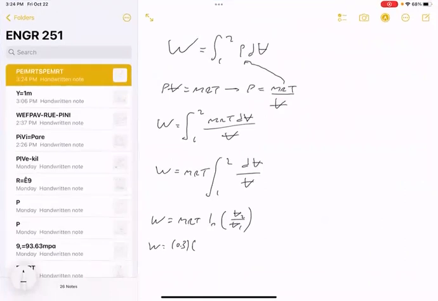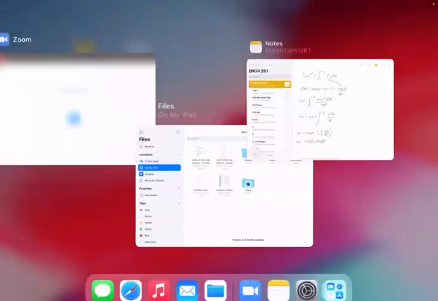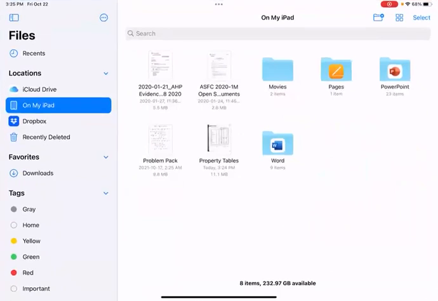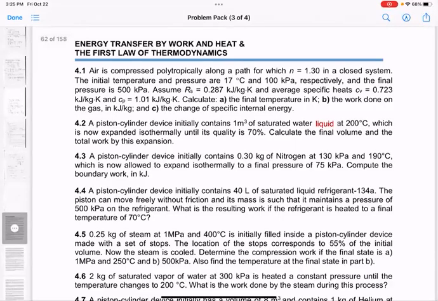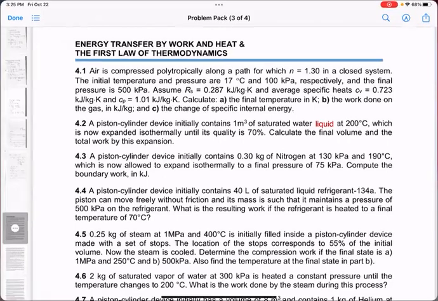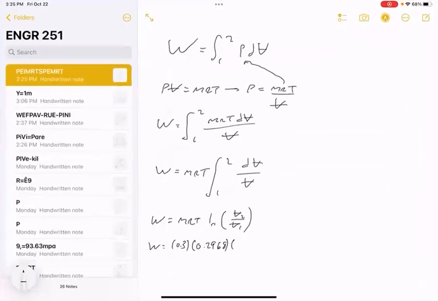So 0.2968. And because this is in kilojoules per kilogram Kelvin, we're expecting our answer to be in kilojoules, not joules. Temperature is 190 and it's isothermal, so that's constant, but we of course have to convert Celsius into Kelvin, and then it becomes 463, by adding 273.